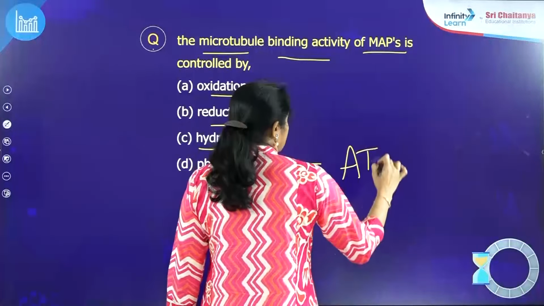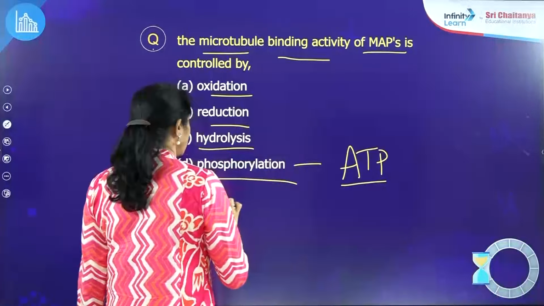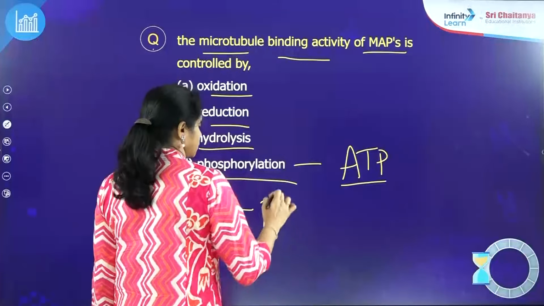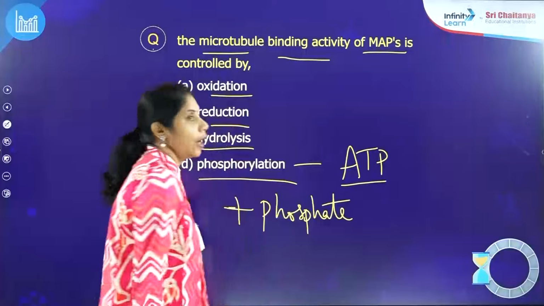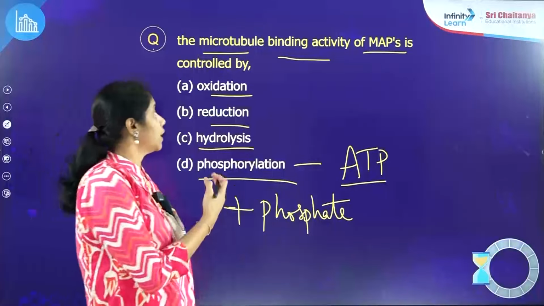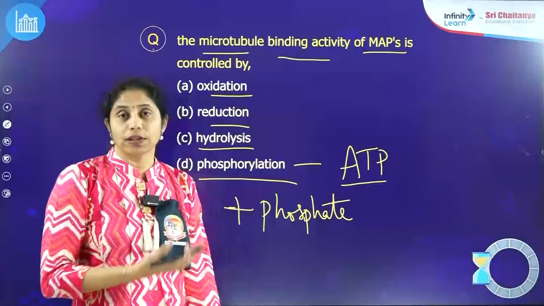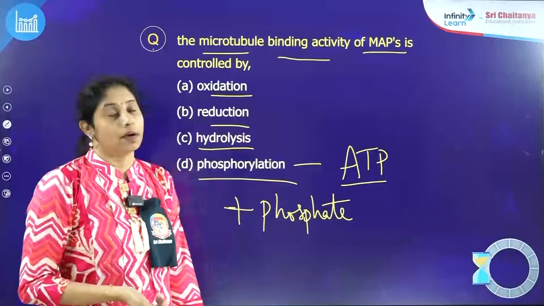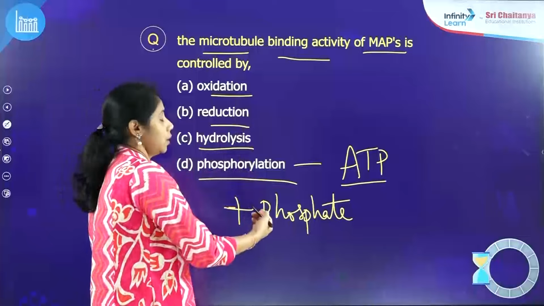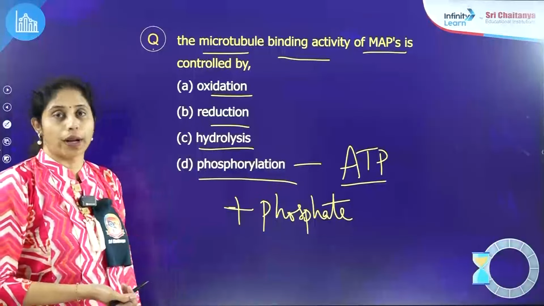Phosphorylation is nothing but addition of phosphate. By the phosphorylation process, they get the energy to do a particular activity. So, the main process involved here is phosphorylation.